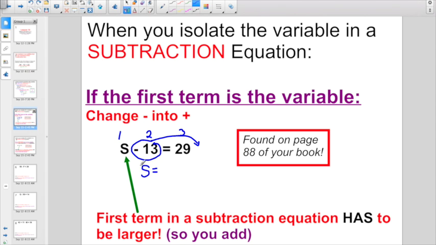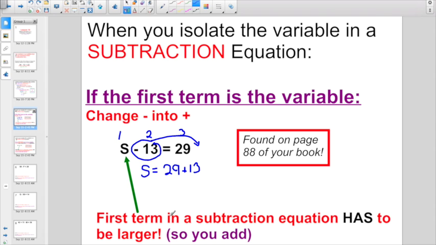I did not circle the S. I did not circle the equal sign. I did not circle 29, but I did circle minus 13. If the first term is the letter, change the minus into a plus. So I'm going to end up with 29 plus 13, still doing the opposite sign.